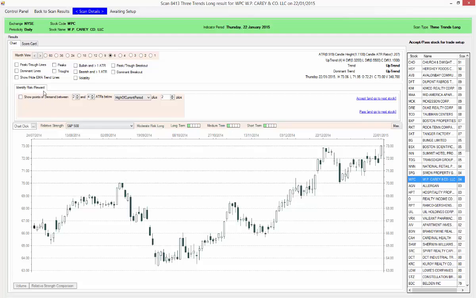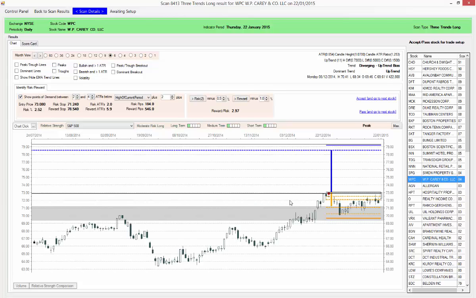Now, to have a look at the setup, we can see that there's a potential reward to risk ratio of nearly 3 to 1, 2.97, and we can see here that there's a blue dashed line taking us back. So I'm going to trace back that blue line.